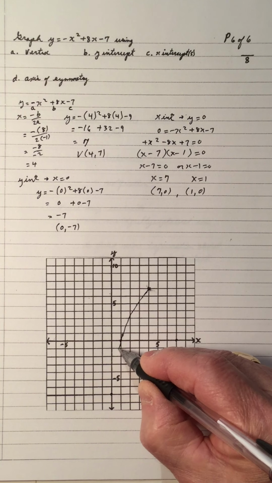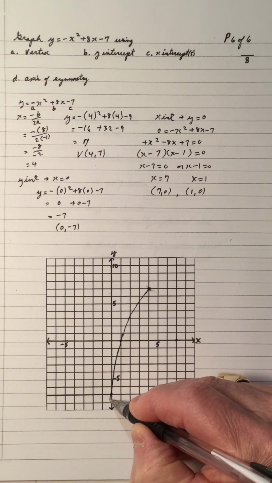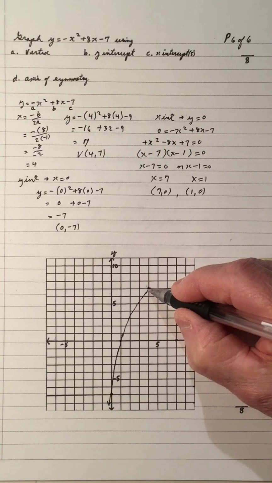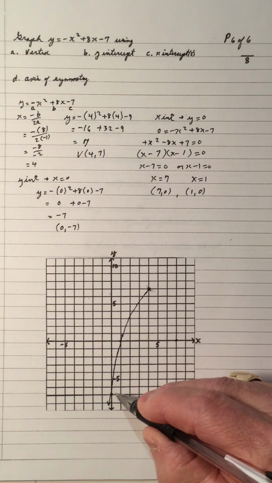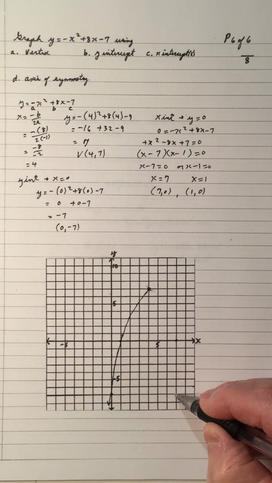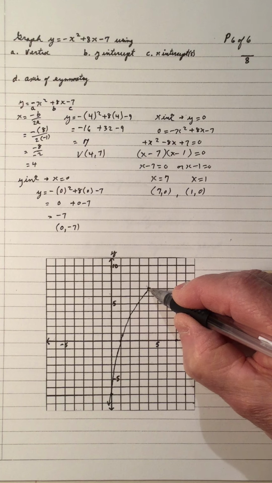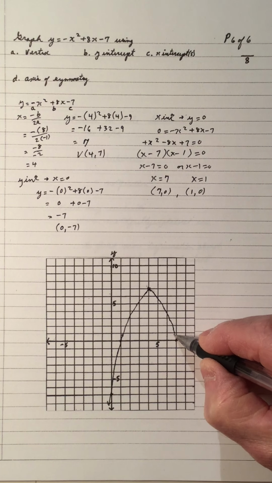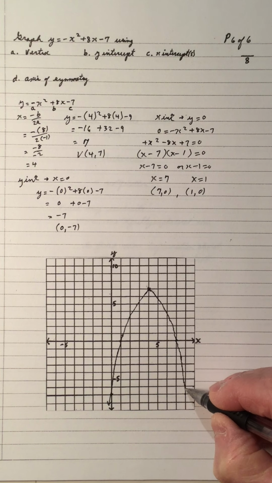Coming down through the y-intercept. There it is. And when I draw this one over here, it's the same. So notice I went 4 units here. 1, 2, 3, 4 is the same value. So it has to go out through this intercept right here, which is 7, down through this one.